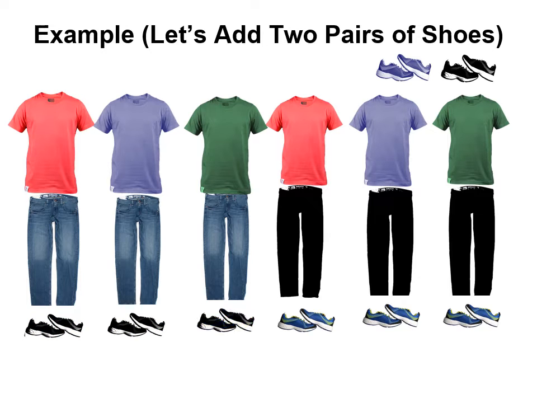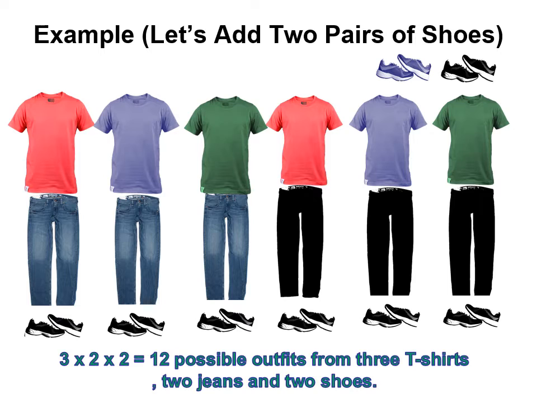Now let's change the shoes to the black ones, and that's another 6 outfits from 3 shirts, 2 pairs of jeans, and another pair of shoes. So 6 plus 6 is 12, or it's the same as 3 times 2 times 2, that's 12 possible outfits from 3 t-shirts, 2 jeans, and 2 shoes.